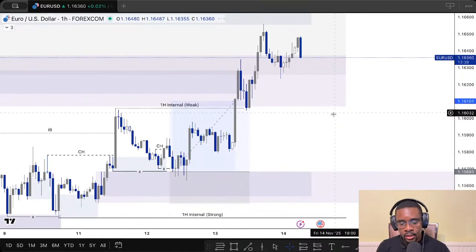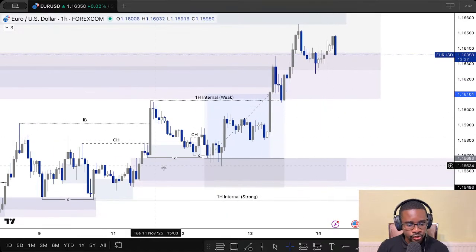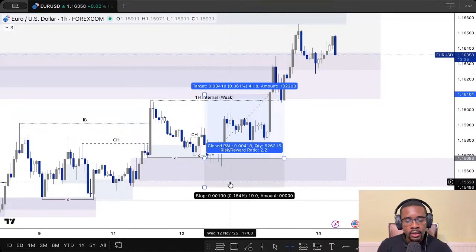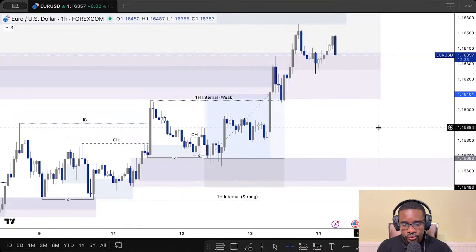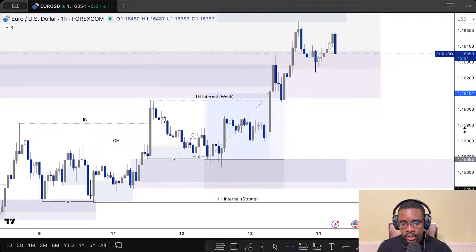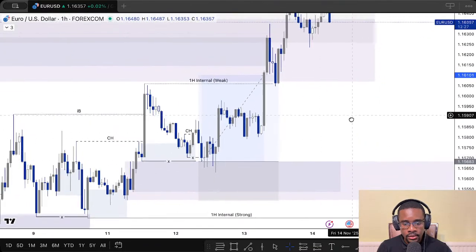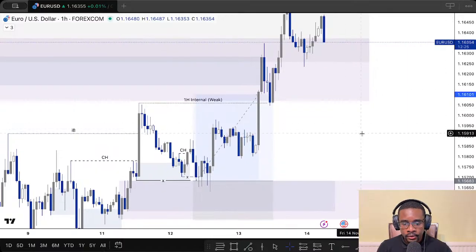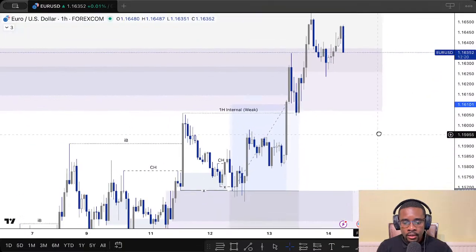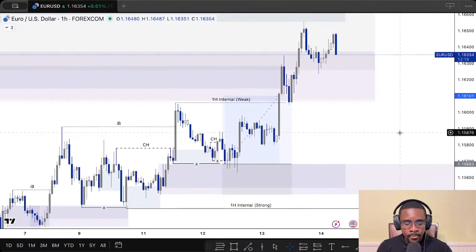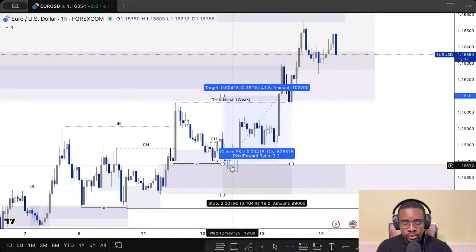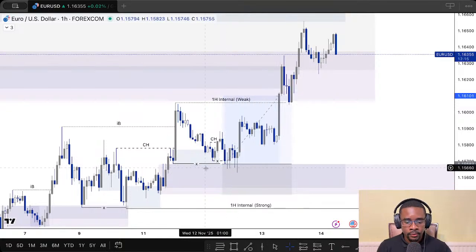So the expectation was that price was going to continue bullish, and we were in a position. Let's look at the 1-hour. We were in a position from this area, and we were targeting a 2-hour return on that trade. As we can see, TP was hit, and TP was hit emphatically, I might add. Very little to no drawdown, really.